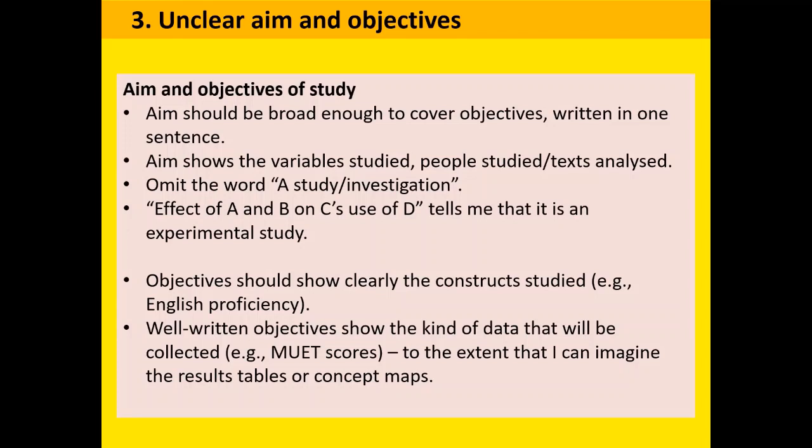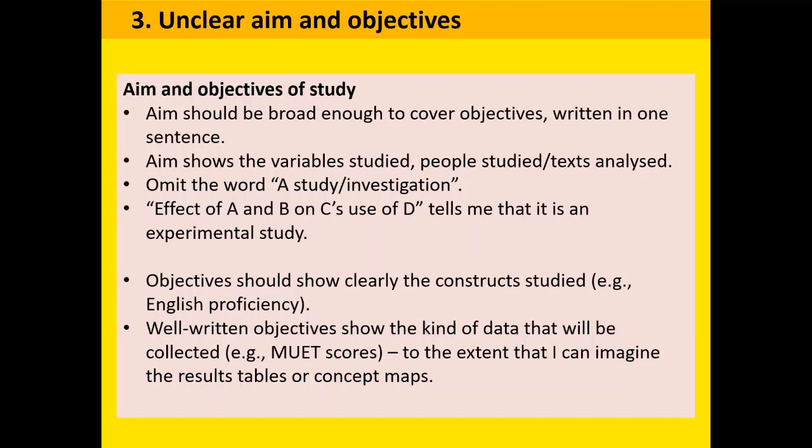Now we move to objectives. Objectives should show the variables studied very clearly. Example, English proficiency. It cannot be so vague. A good objective, when I look at it, I can kind of imagine your data tables. Even if I don't know what you're going to put into the table, I can imagine the heading of the table. That is how clear a good objective is.